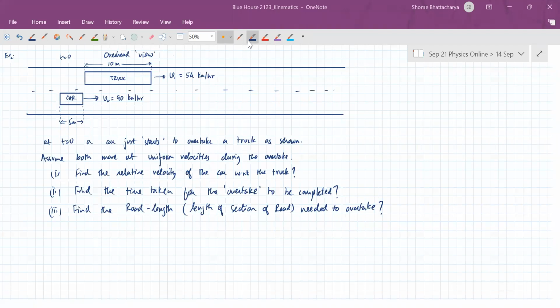Soham, check the answer for the time, okay? Yes, Vedant, your answer is correct for time also. Sir, velocity of car is 90 or 40? 90, Vedant. Only then it can overtake, it has to be more. Okay. Just write it more clearly for you.